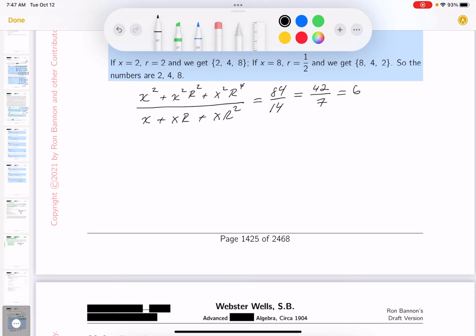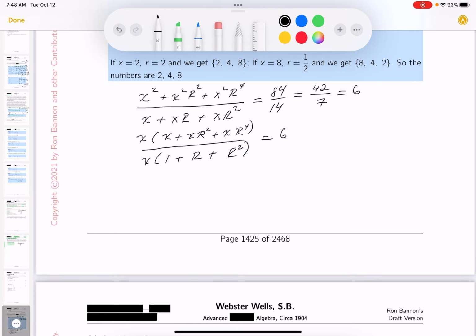What's more challenging for me is this division problem. But before I do it, I'm going to factor an x out. And what do you get? x times (1 plus r squared plus r to the 4th) is still equal to 6, and the bottom is x times (1 plus r).